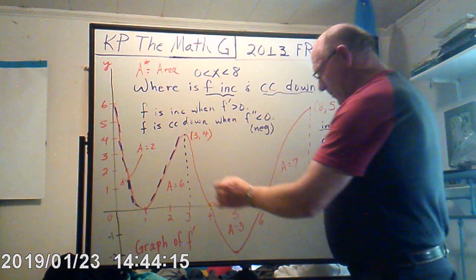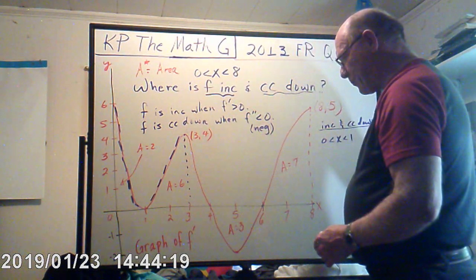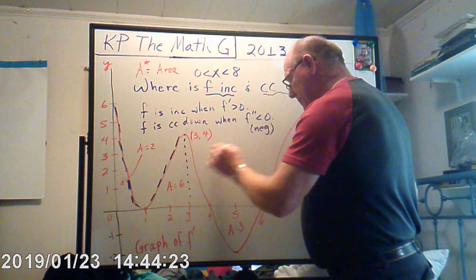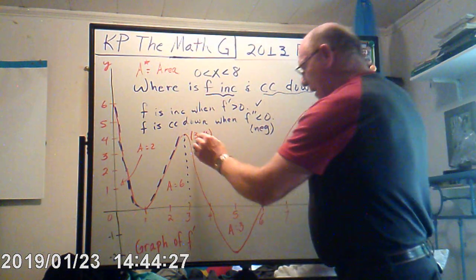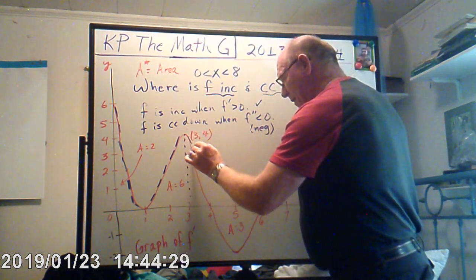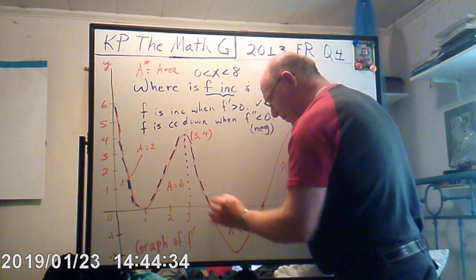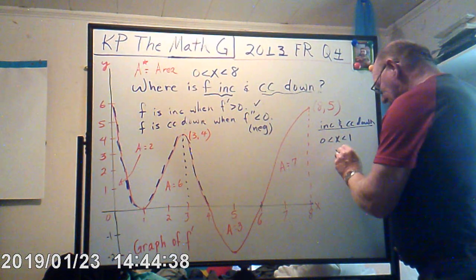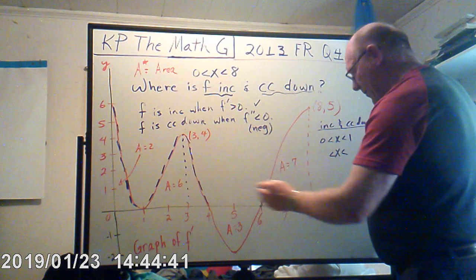Alright, let's look at from 3 to 4. Increasing, yes, it's above the x-axis. Concave down, slope left, left, left, left. Yes, on the interval from 3 to 4.